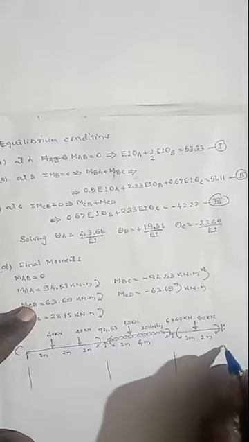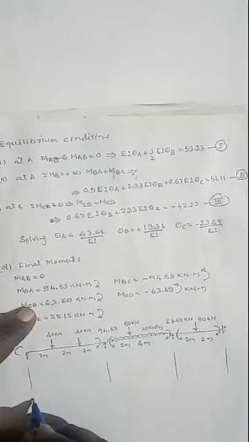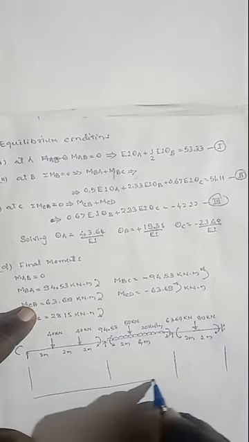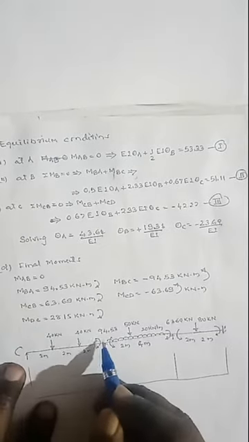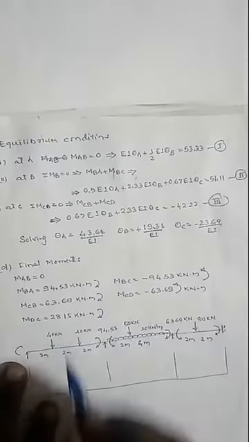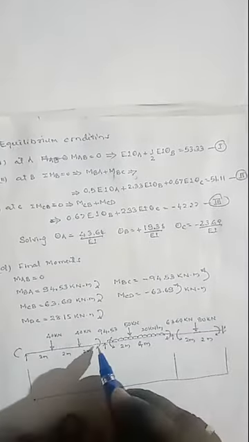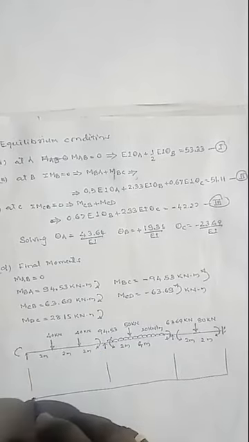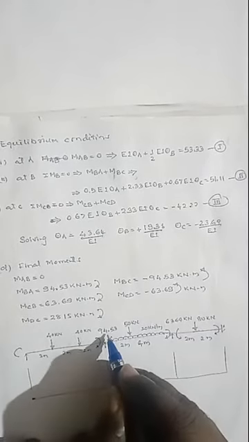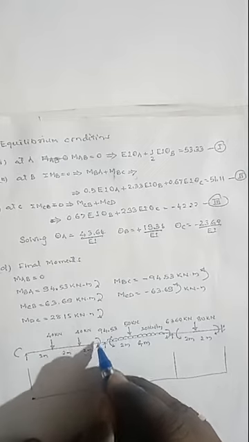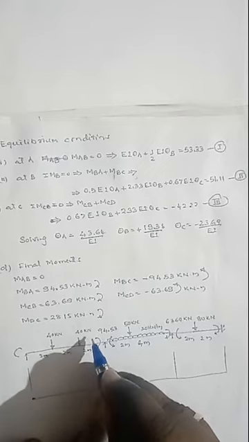Here we have to consider the reference line or the datum line. Here the support moments, whatever you have got by the final moments, they are the support moments. If you consider this one as the reference line, this moment is 0, this moment is 94.53. By observing, this one is hogging.